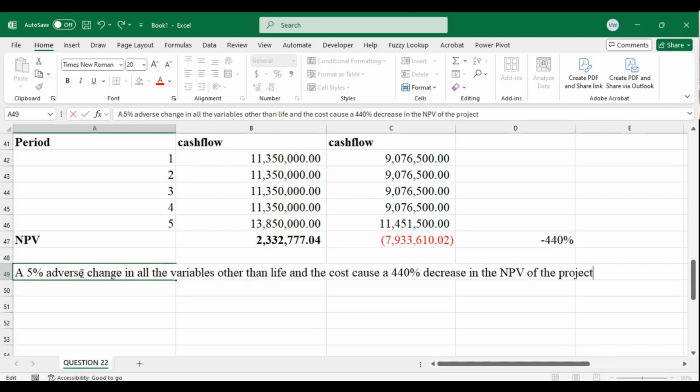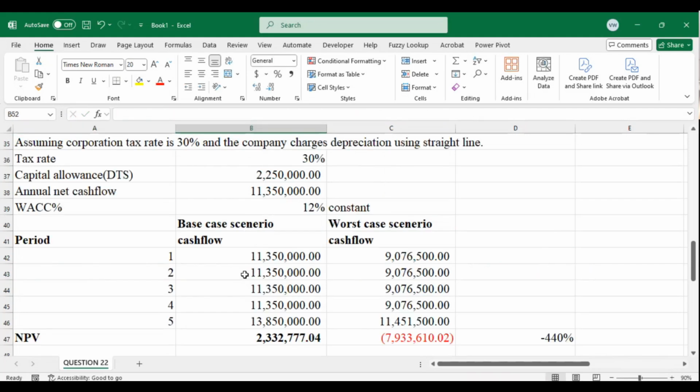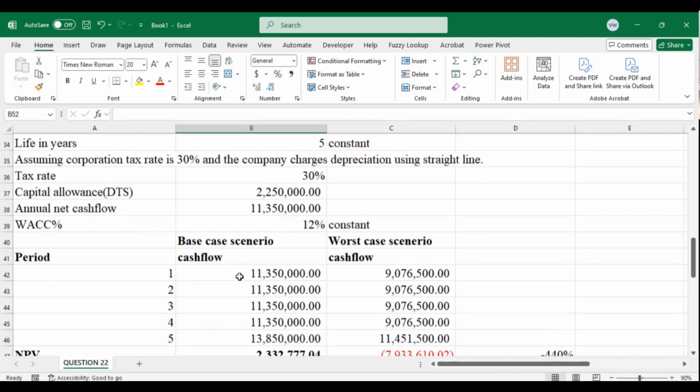This is what it means. So now we are able to communicate and also answer the question.